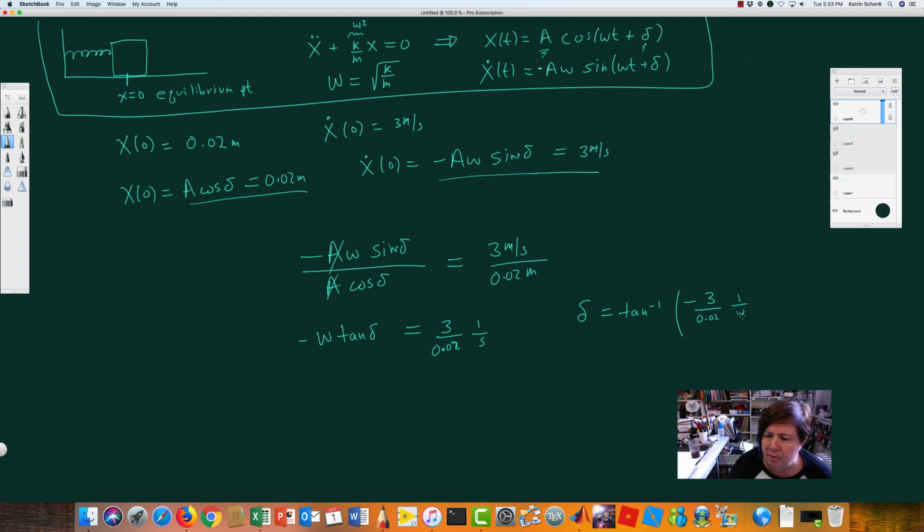The 1 over omega cancels that second, so I'm not even going to bother putting the seconds in there. And so you could do this, and then of course, you come back and put that delta in here and then solve for a. All right, much easier in the case where you have one of these things 0, either x or x dot.